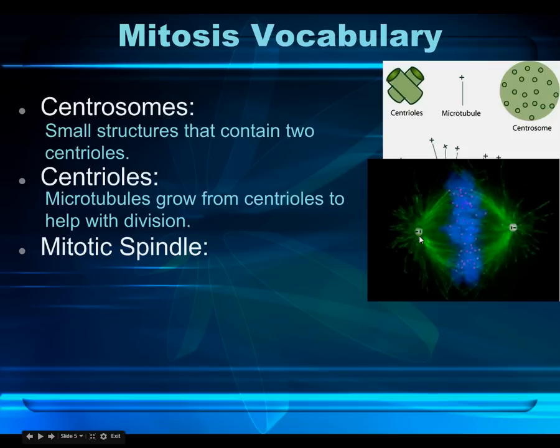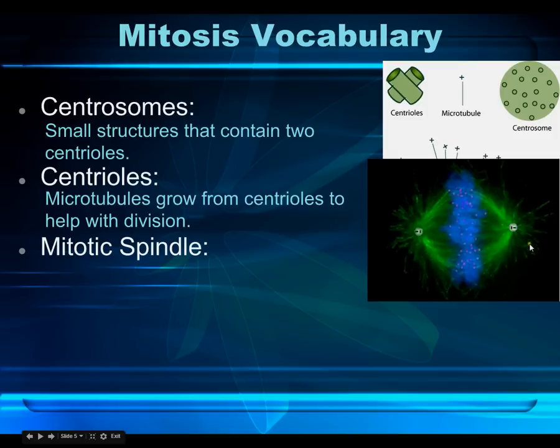Now your centrioles are responsible for growing and spitting out all of these little microtubules. The microtubules you can think of as cables. These are really strong, somewhat rigid strings. And these somewhat rigid strings start to grow out in all directions, and those are represented in green here.